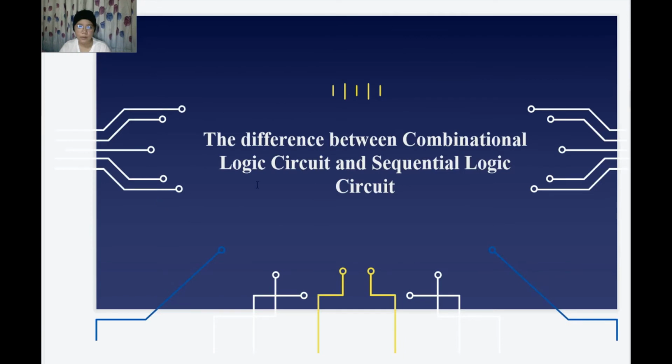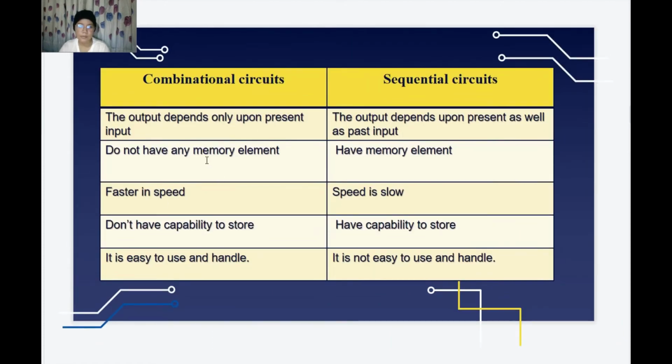So the difference between combinational logic circuit and sequential logic circuit. The difference from combinational to sequential is that in combinational the output depends only upon the present input, while in sequential the output depends upon the present as well as the past input.